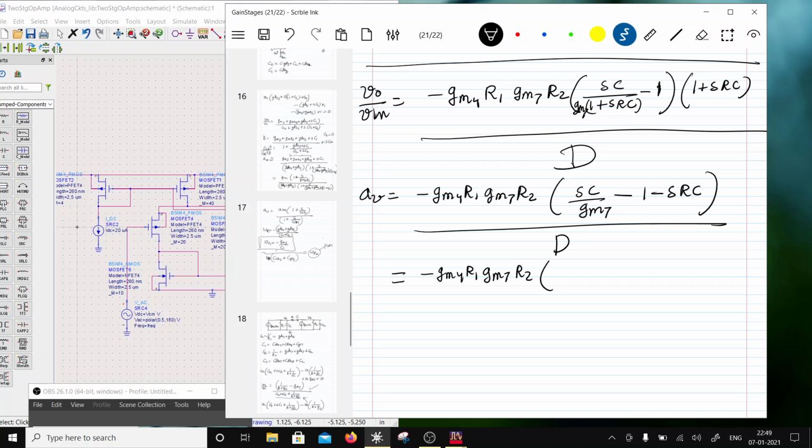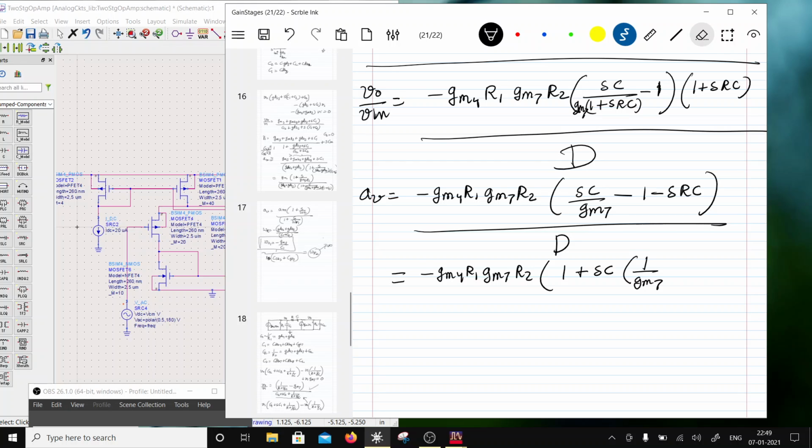Okay, so if I put this minus term as positive, then this will become 1 plus SC common, right? And this is going to be 1 over GM7, isn't it?